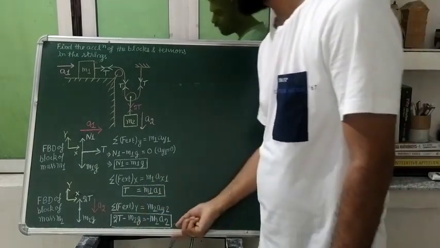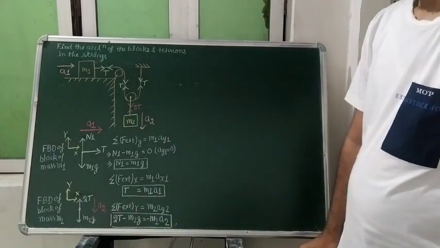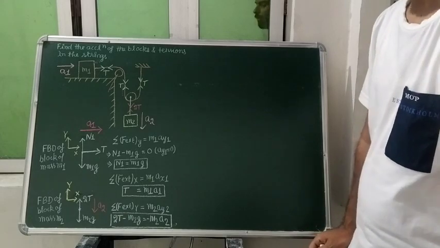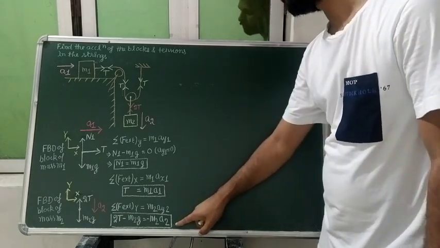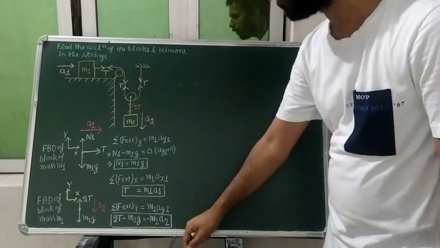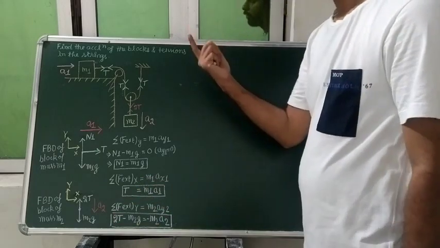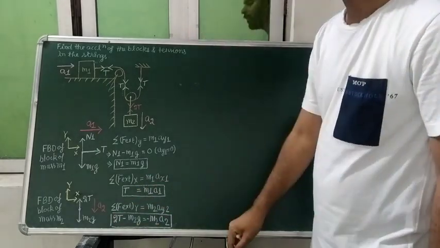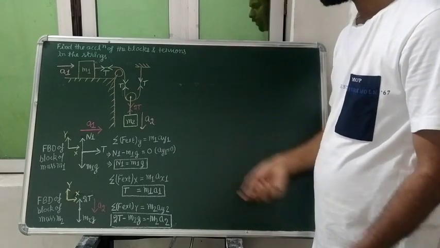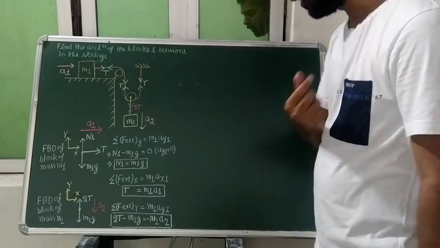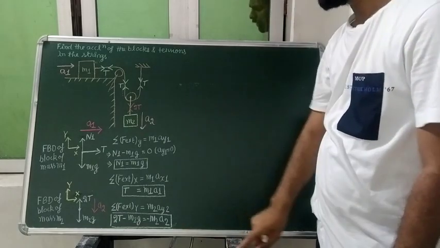So what will you get in that case? A negative sign you will get here. Or you can say the problem is saying that it is accelerating downward, and if your normal reaction were more, it should not accelerate downward, it should accelerate upward. Either way you look at it, you will get the same thing.